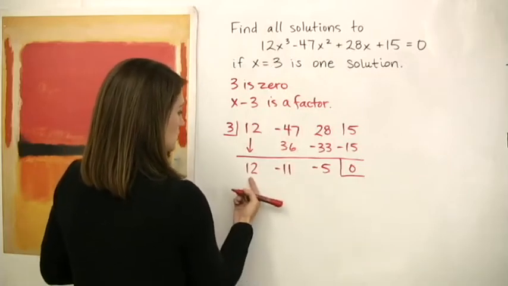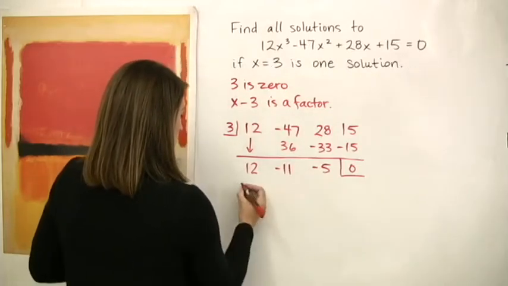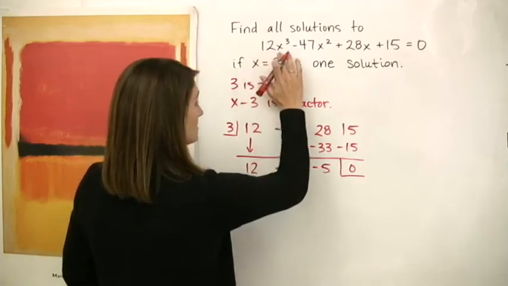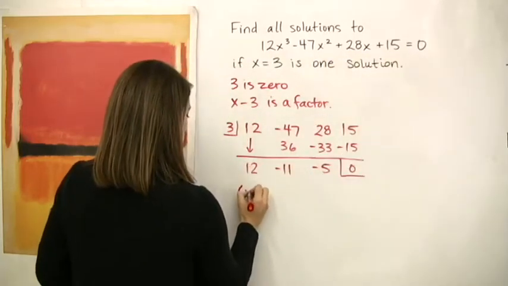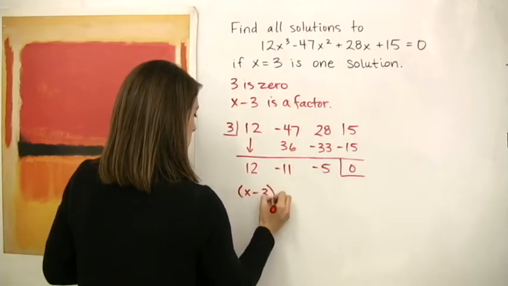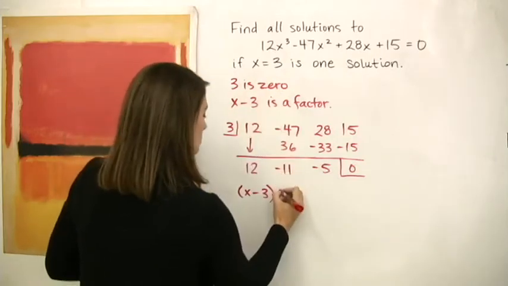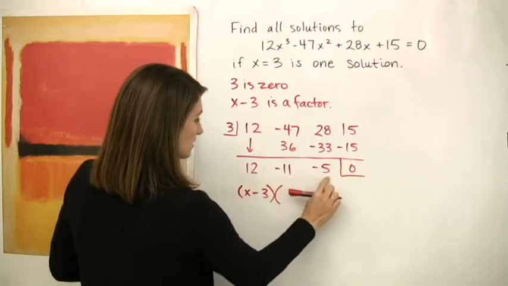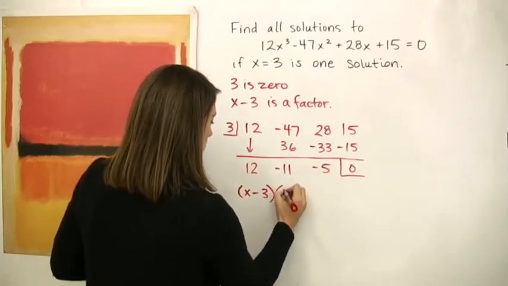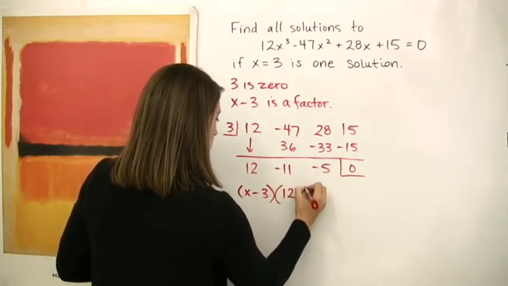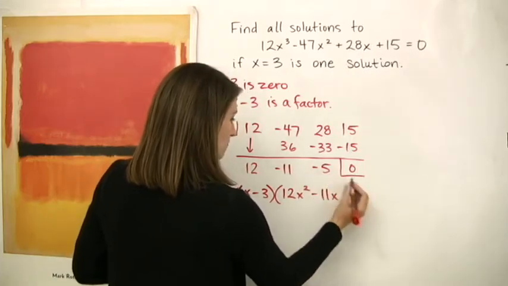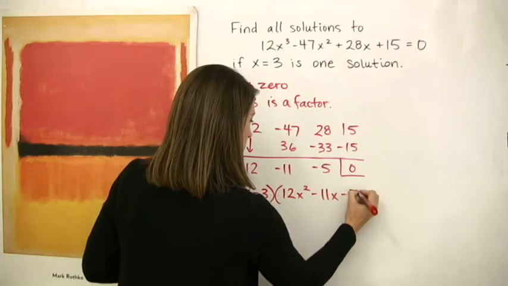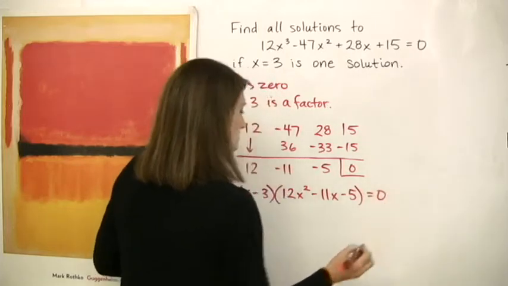So now, using what we found here, we can write that this polynomial equation here is equal to x minus 3, which is from one of our solutions, and then this part of the answer here in our synthetic division becomes 12x squared minus 11x minus 5. That's all equal to 0.